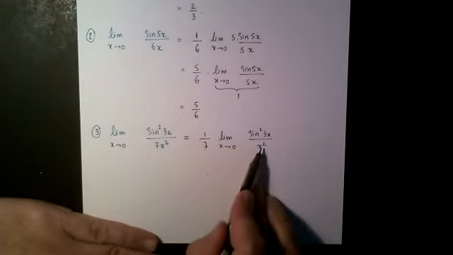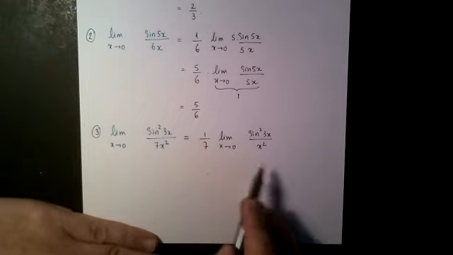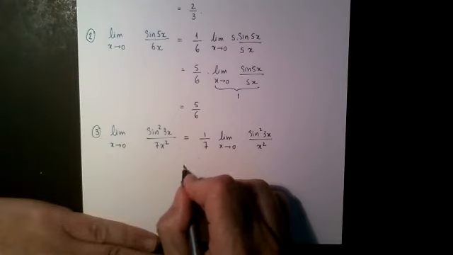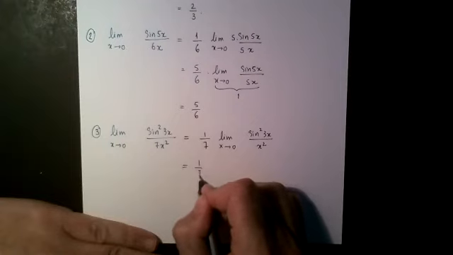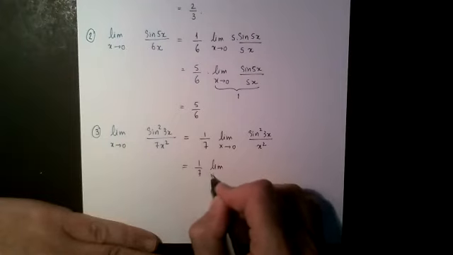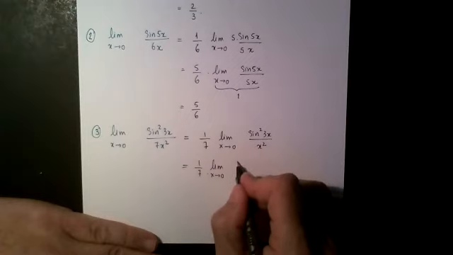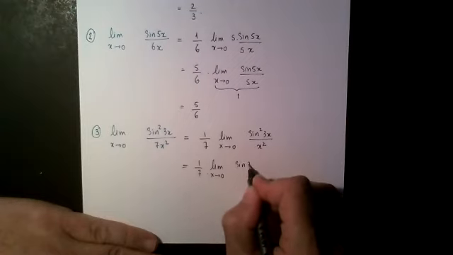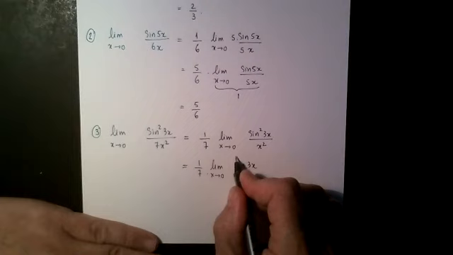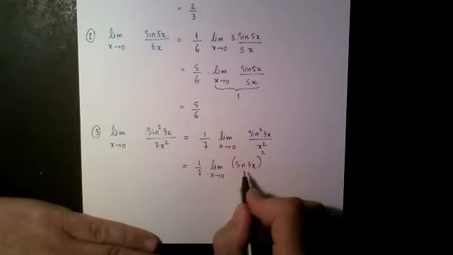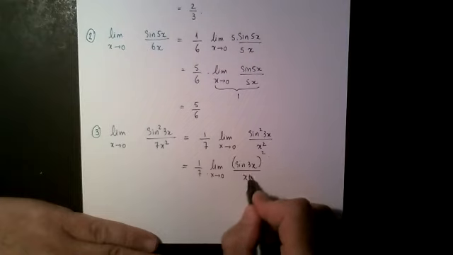There's a square here, and the square is bothering me. So I'm going to go like this. Sine squared of 3x is the same thing as sine 3x, all of that squared, divided by x squared.